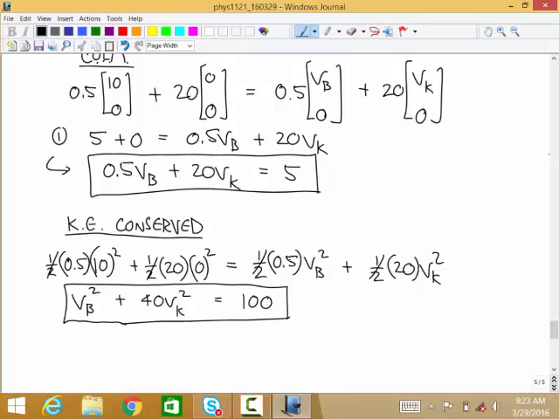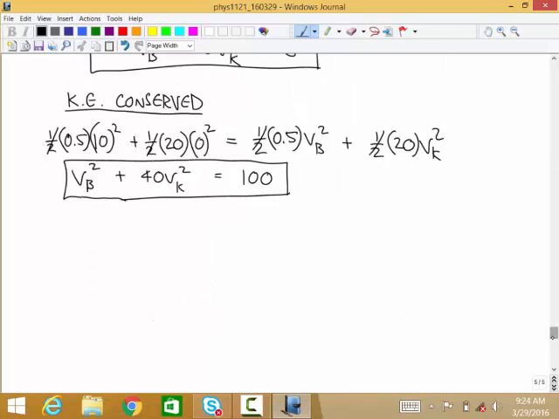Okay, so how are we going to solve this? There's really just one thing you don't want to do, which is try to solve for one of the variables in the squared equation, the kinetic energy equation, and plug it in here. That's unnecessarily complicated. Solve for one of the variables from this equation, and then plug it in here.